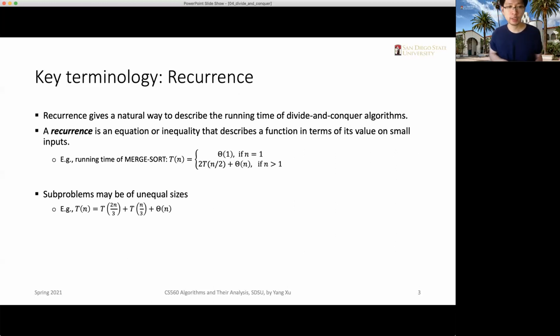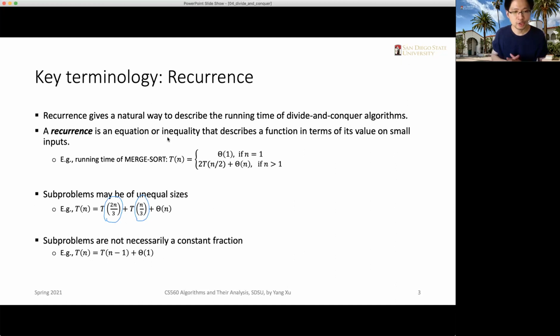So for example, we can choose to cut this input sequence at the position of 2/3 of the length. That will result in the first subproblem being 2/3 the length, and the second subproblem being 1/3 the length. We can choose to do that, though it doesn't necessarily give us any advantage, okay?